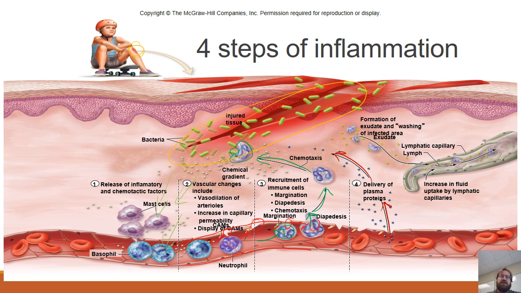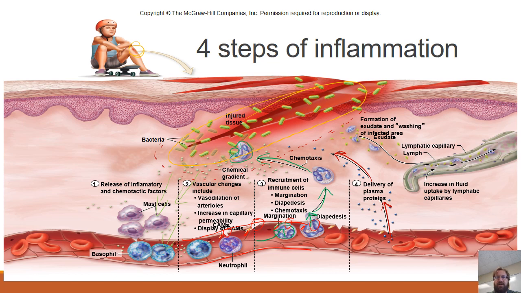And so over time, one of the jobs that these plasma proteins are going to do is to form a clotting barrier around this damaged tissue area, which you would think of as a scab, that will lock these bacteria out of the wound so that they don't get further into the body.